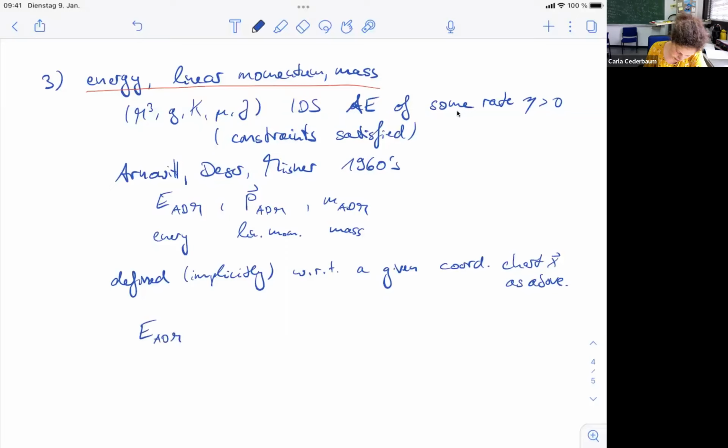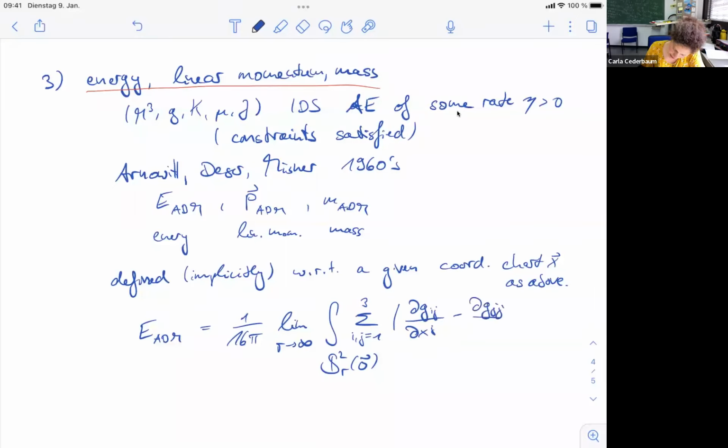The ADM energy is defined as 1/16 pi times the limit as the radius goes to infinity of the integral over the sphere of radius r around the origin, of the sum over i, j from 1 to 3, of the components ∂_j g_ij minus ∂_i g_jj, times x^i over r, dA_δ(x). dA_δ is the area element induced on the sphere of radius r around the origin in Euclidean space.